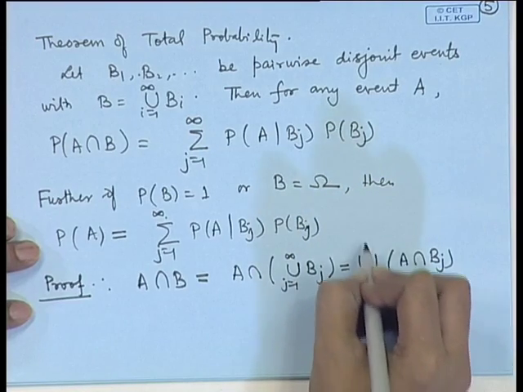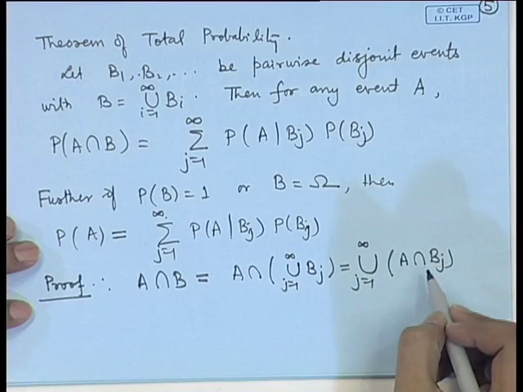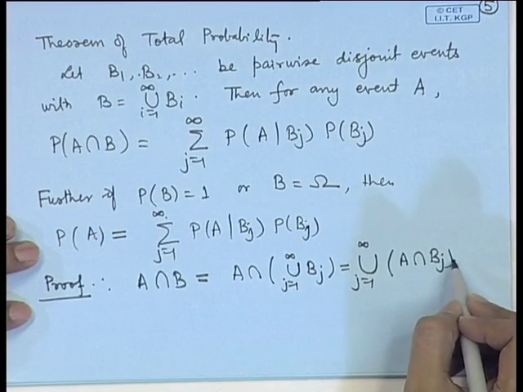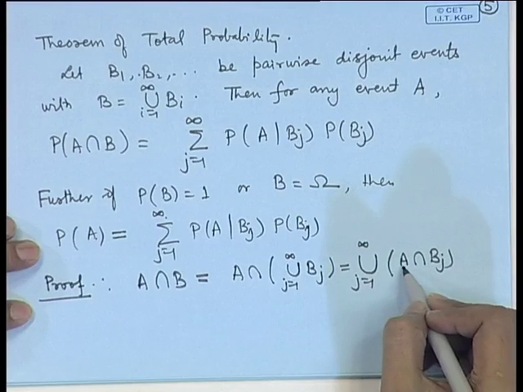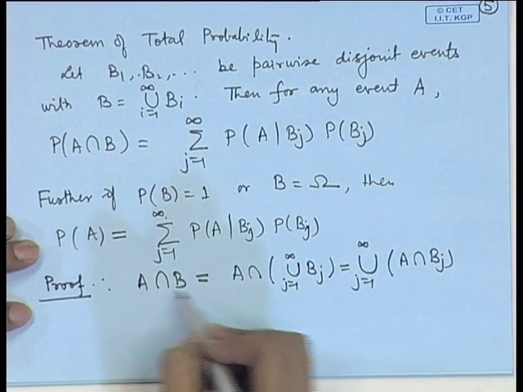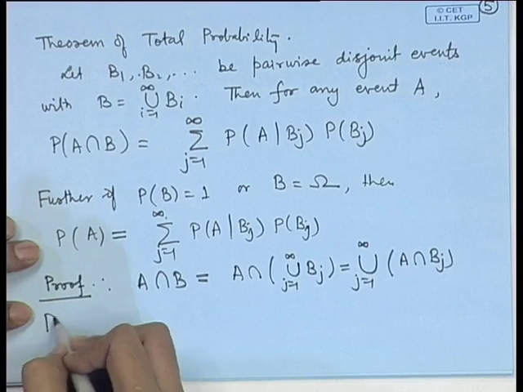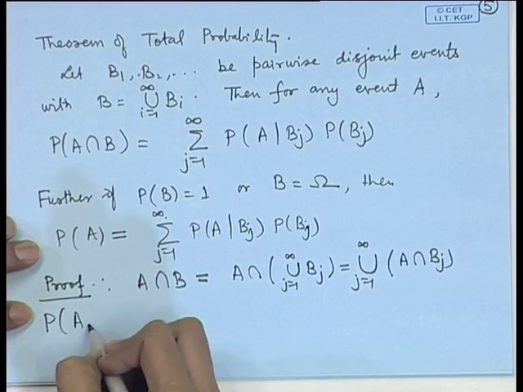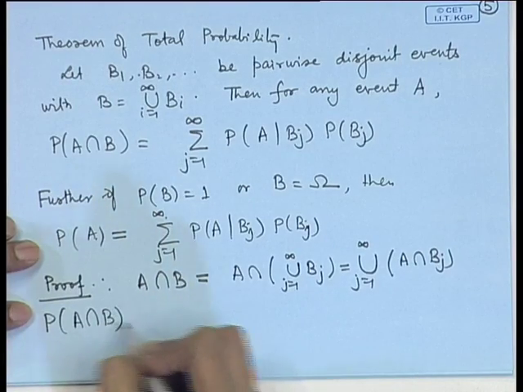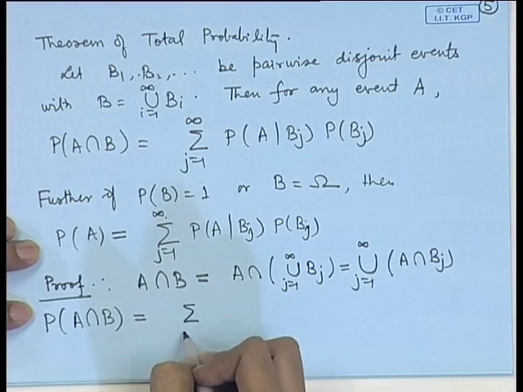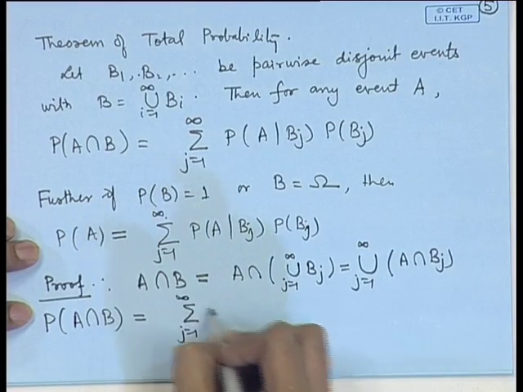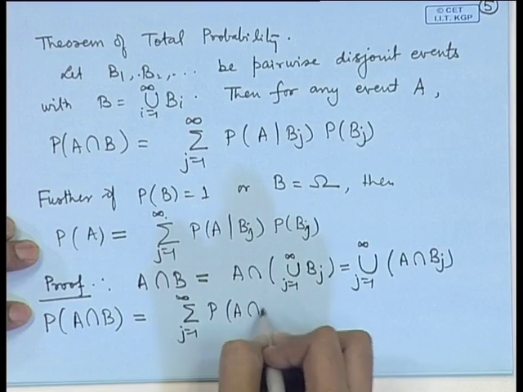Now, we notice here that B j's were pairwise disjoint sets. Therefore, A intersection B j's will also be pairwise disjoint, and therefore, the countable additivity axiom of the probability applies here, and you can write probability of A intersection B as summation of the probabilities of A intersection B j.